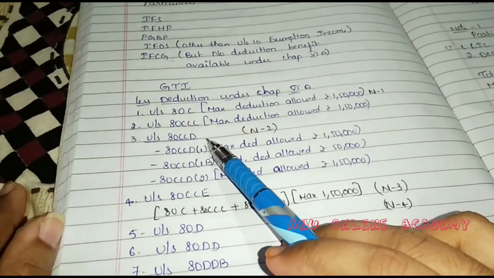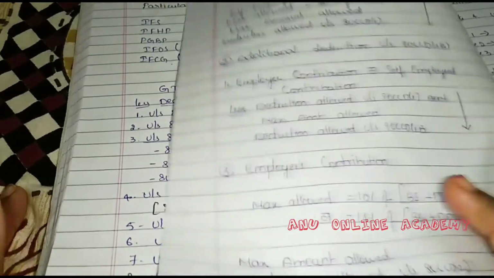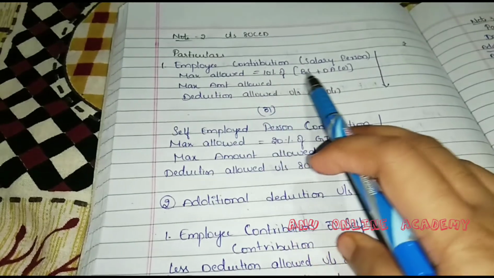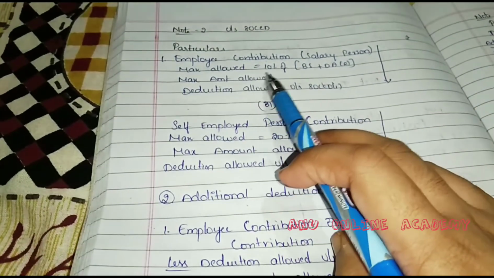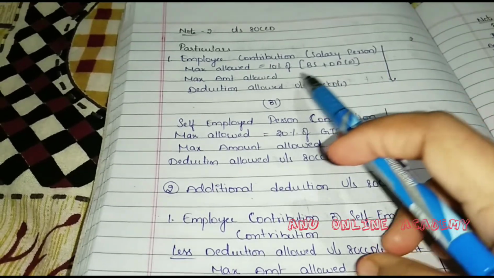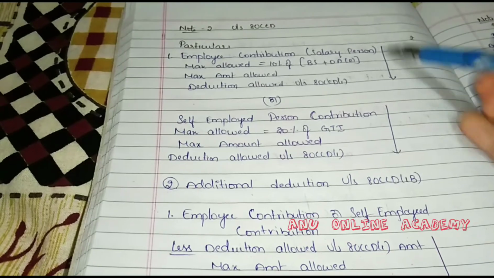Under section 80CCD, see the working note 2. Employee contribution, salaried person: maximum allowed 10% of basic salary plus dearness allowance, recognized for maximum amount allowed, deduction allowed under section 80CCD1, whichever is lower.